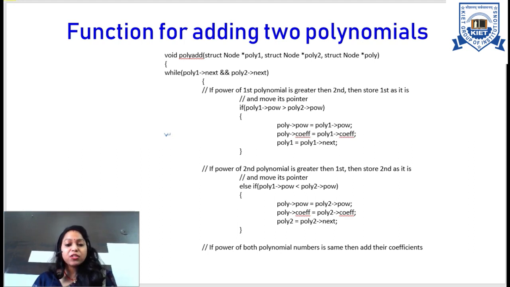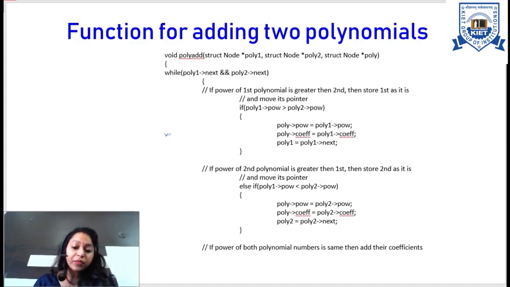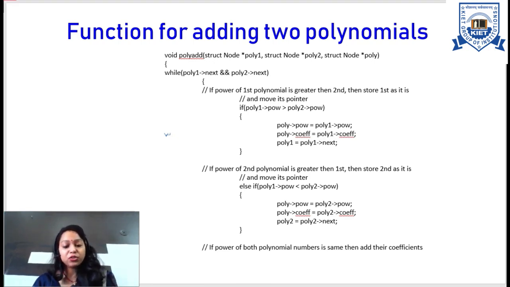If this condition is false, then we will check whether the exponent part of the second polynomial equation is greater than the first. If this condition is true, then we will copy the exponent and coefficient part of the second polynomial equation term to the resultant polynomial equation term, and will move to the next term of the second polynomial equation.